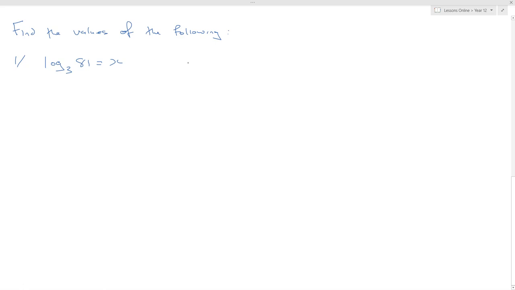Well, I can rewrite that as 3 to the power of x, which is equal to 81. Now I can write 81 in terms of the powers of 3. So 3 to the power of x is equal to 3 to the power of 4, which implies then that x is equal to 4.